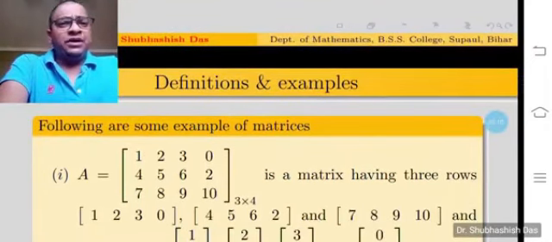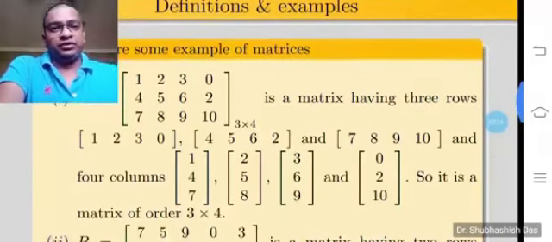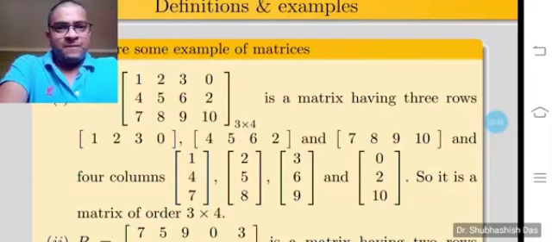Here are some examples of matrices. The first example: in this matrix we see that there are 3 rows and 4 columns.